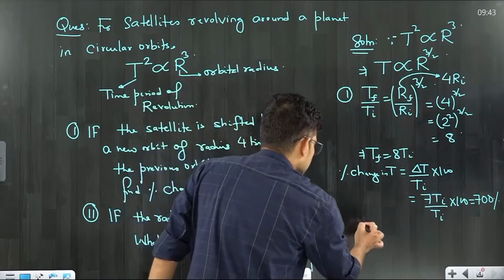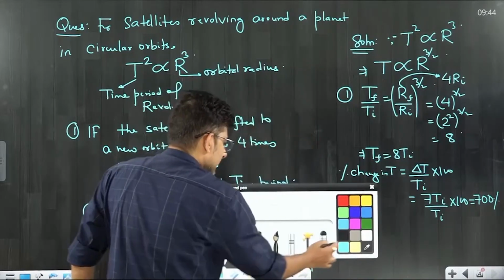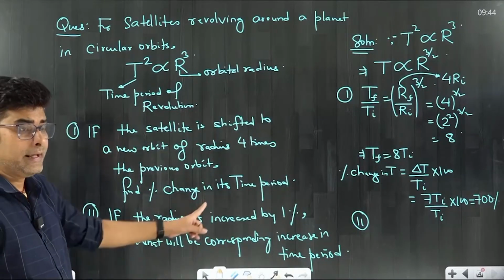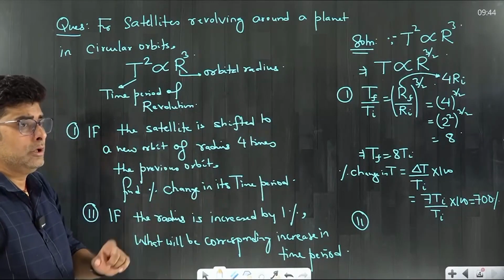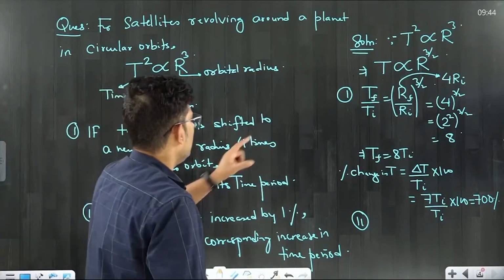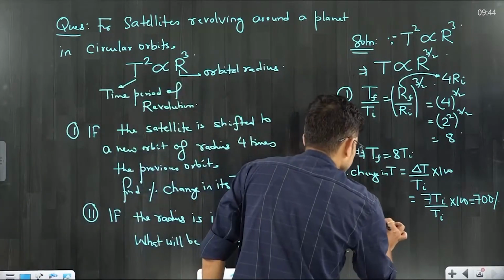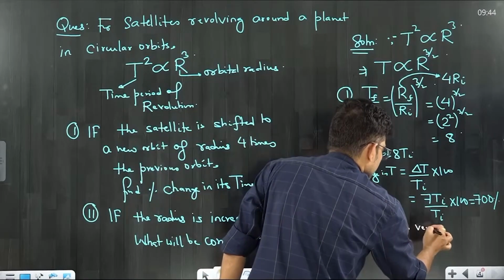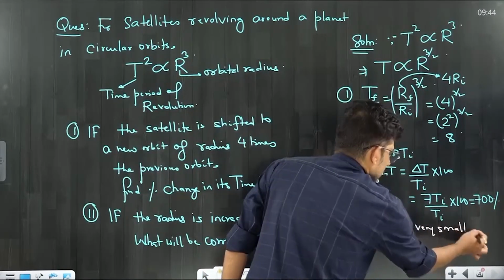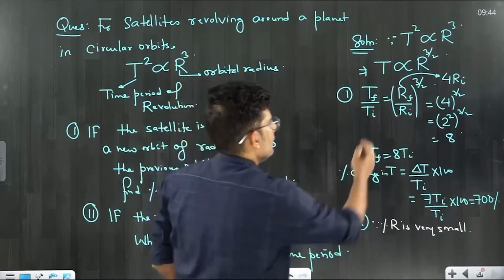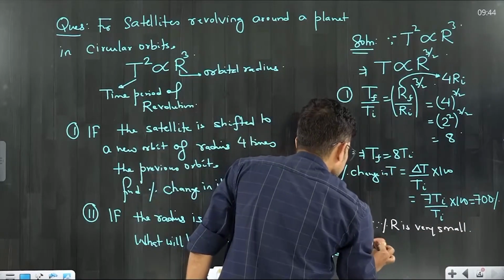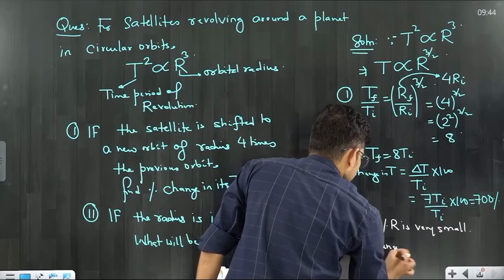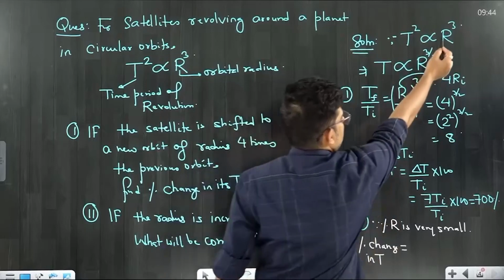Whereas the second part is very simple. They are saying the radius has increased only by 1%. In the second case, the change is very small. So if the change is very small, then the percentage change in R is very small, so directly the percentage change in time period will be just multiply the power.